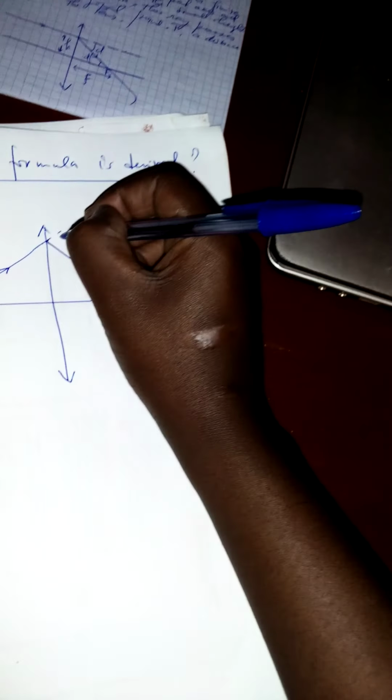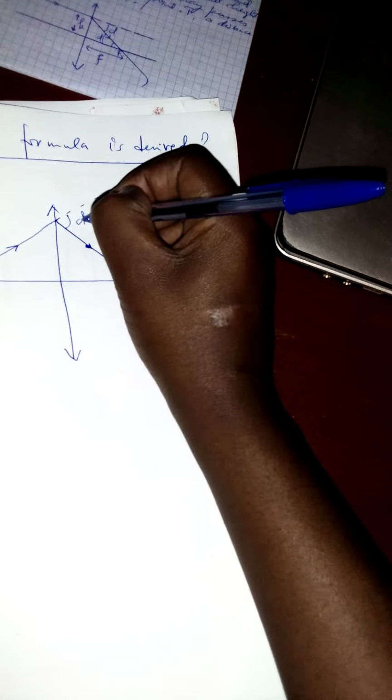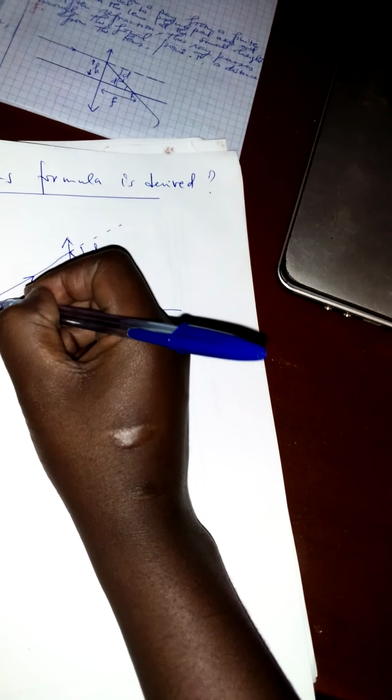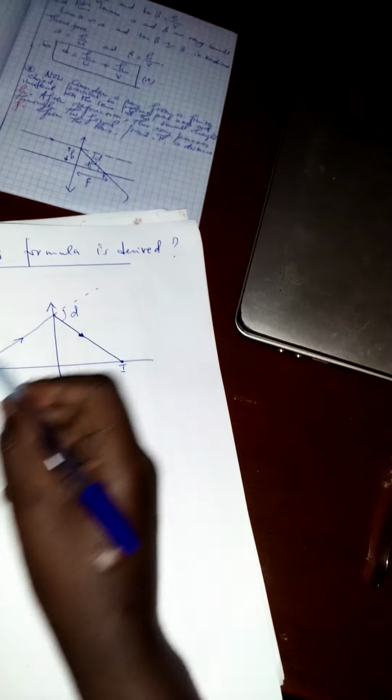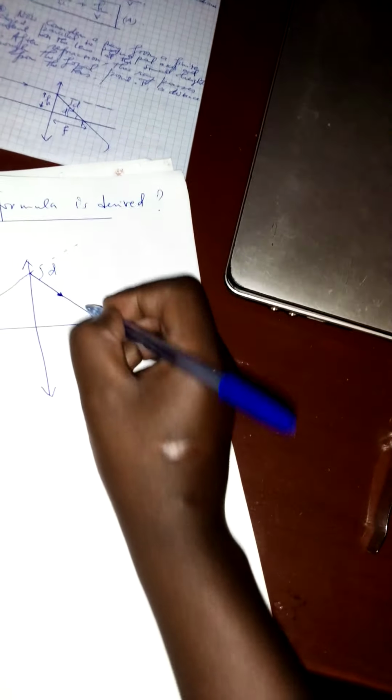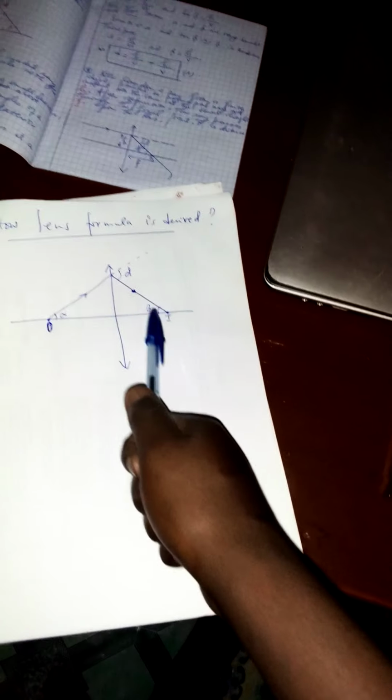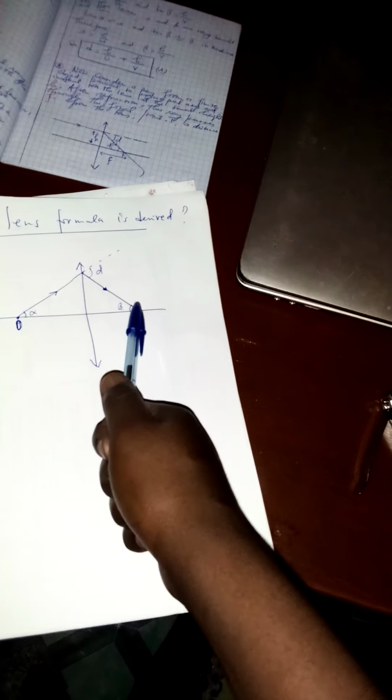Here we have what we call the deviation angle. Let's call it D. Here we have angle alpha, which the incident ray makes with the principal axis, and here we have angle beta, which is the angle the refracted ray makes with the principal axis.